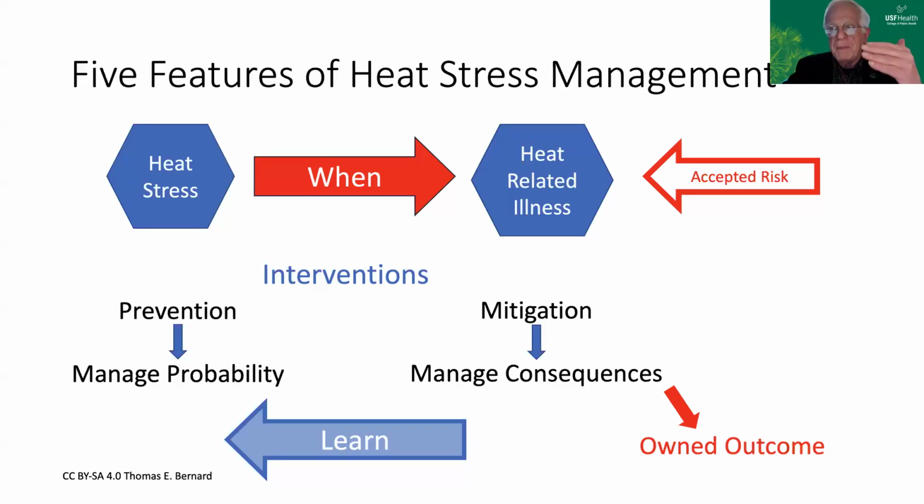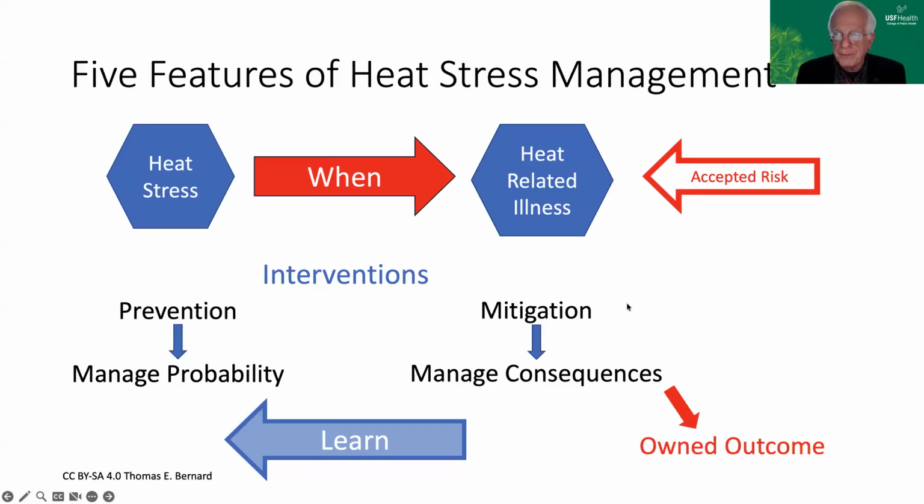Every time you up that level of heat stress, when we talk about levels of heat stress in the program, you're accepting more and more risk. You need to do more and more to prevent it where you can. And really the burden is on you to make sure that you manage those consequences because you're going to own the outcome.